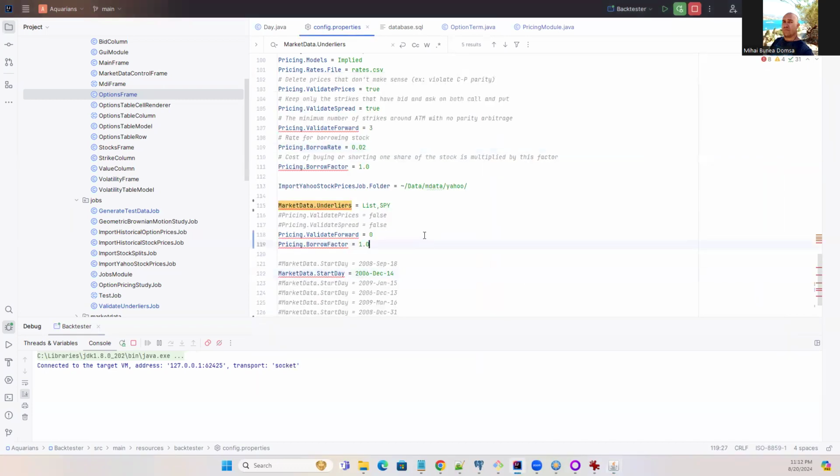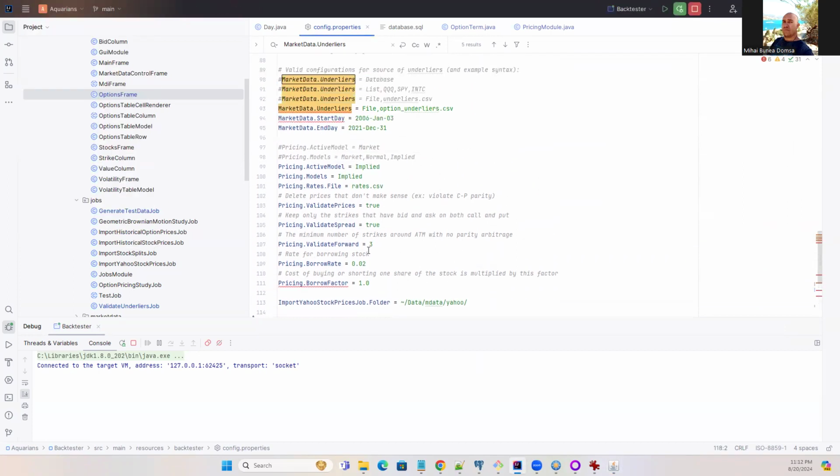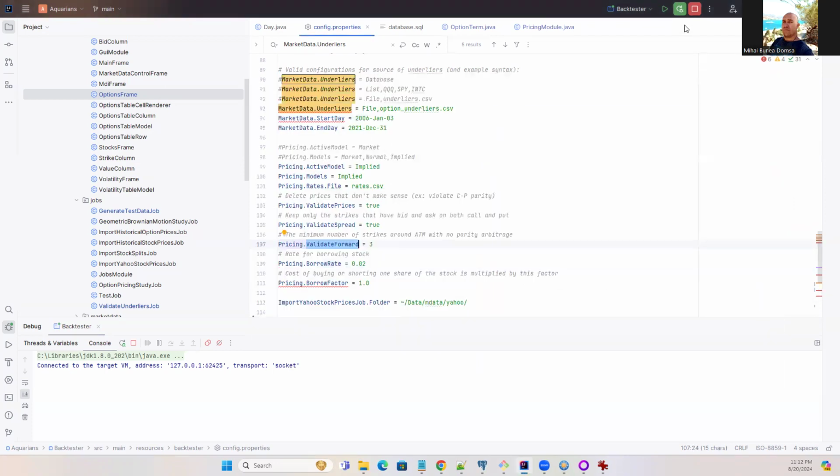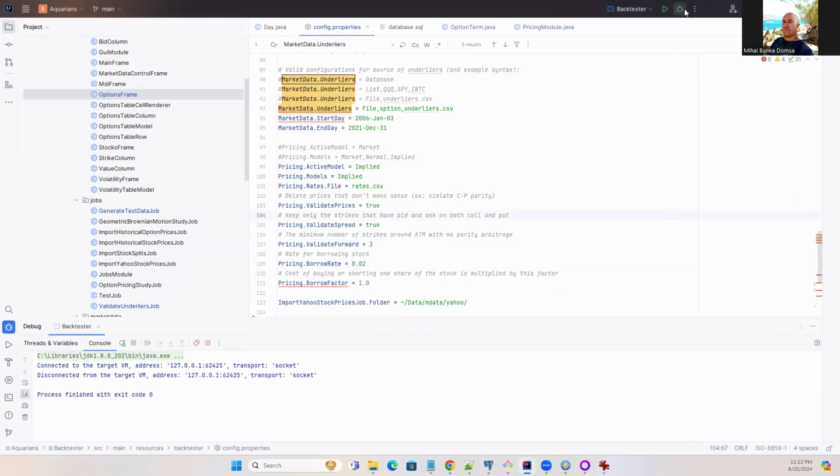And for that, I'm also enabling this forward validation. It requires to either be arbitrage free or to have at least 3 strikes with no arbitrage on them in order to be considered. So let's take a look again.